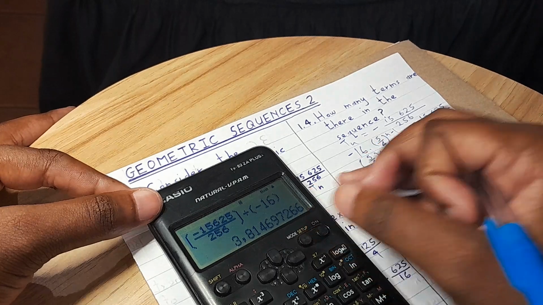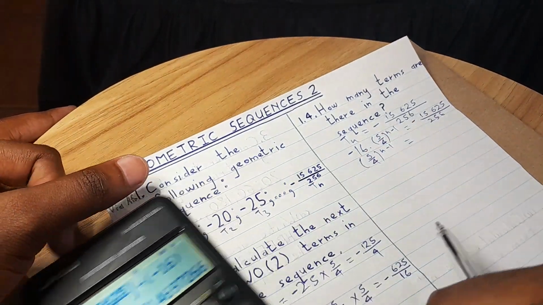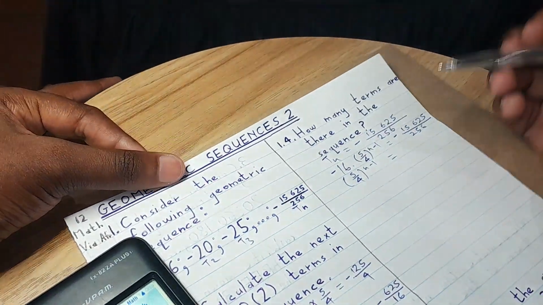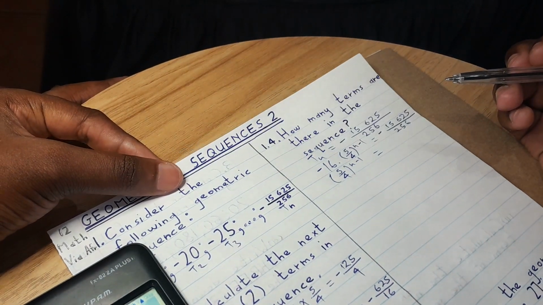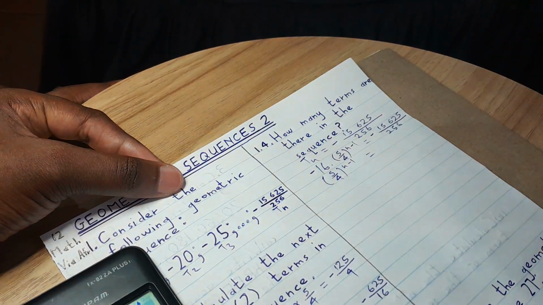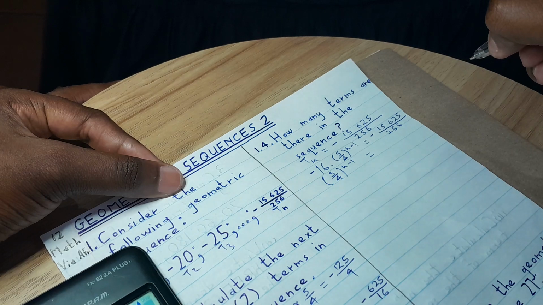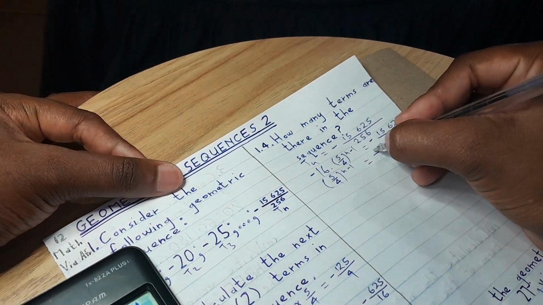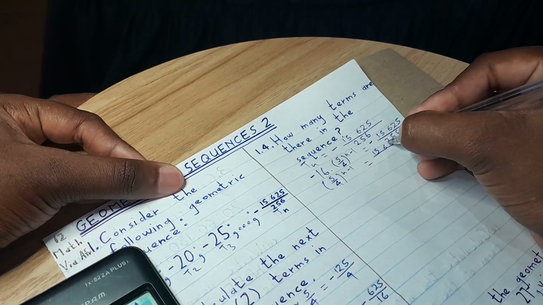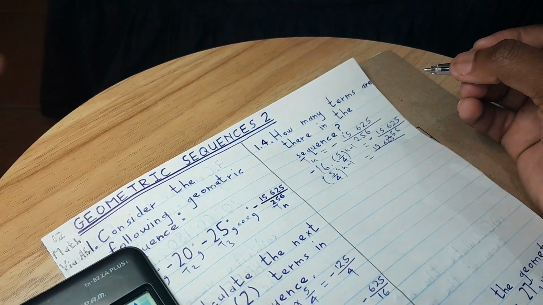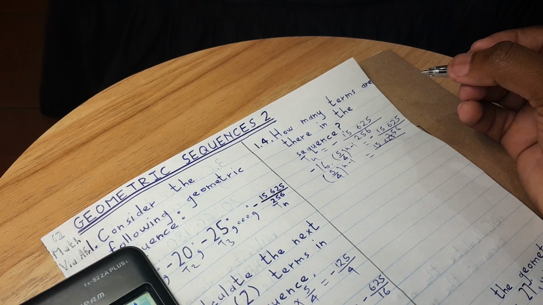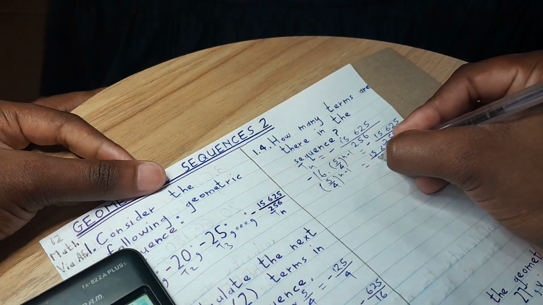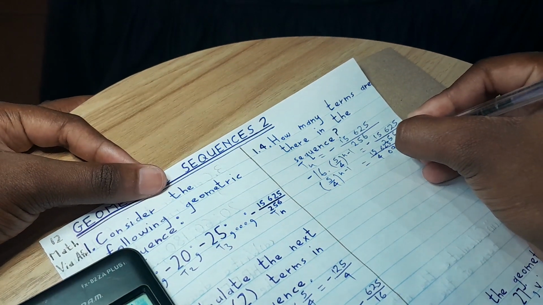The answer that we get is 15,625 over 4,096.